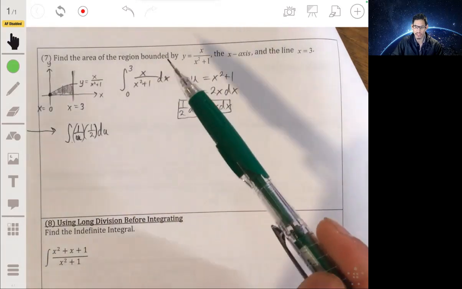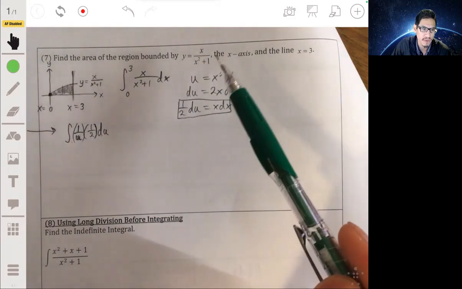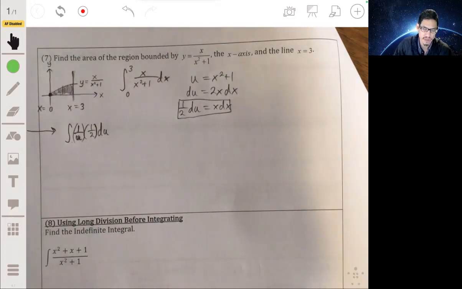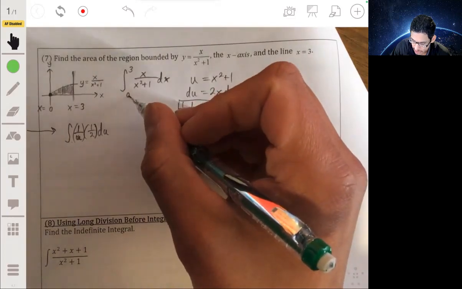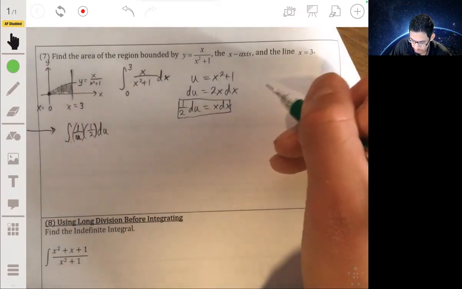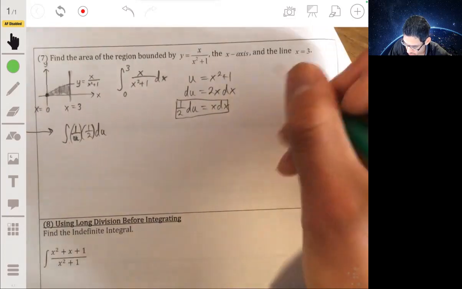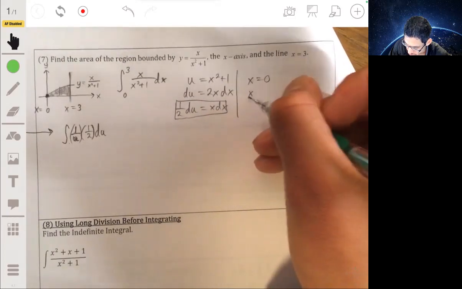Or what I prefer to do is just change these right away into endpoints of u. Then you don't have to go back and switch the variables again. So what I mean is we want to find what u is when x is 0 and when x is 3.